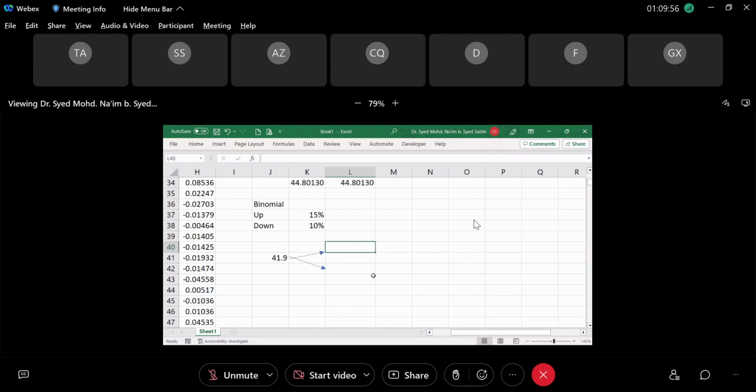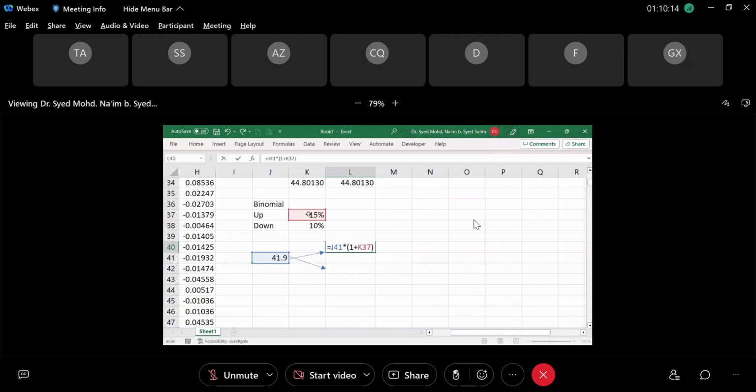So it goes up, times 1.15, since I don't put it as 1.15, you have to add up 10%.